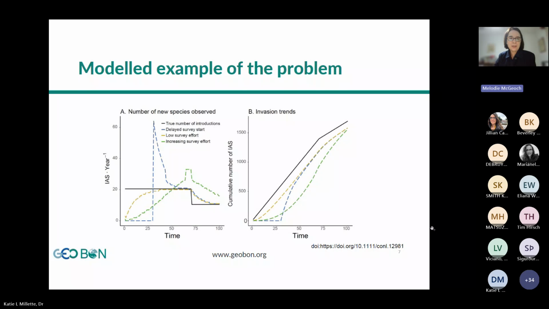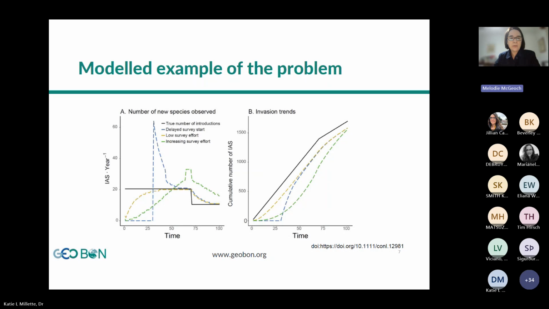So this is a little bit of a technical deep dive slide, and I won't spend too long on it. But to further illustrate the point that I've just made and the sensitivity of these curves to data quality, I want you to look at the figure on the left. In black, we have the real, perfect, in an imaginary world where we can know exactly how many invasive alien species are coming in a year.